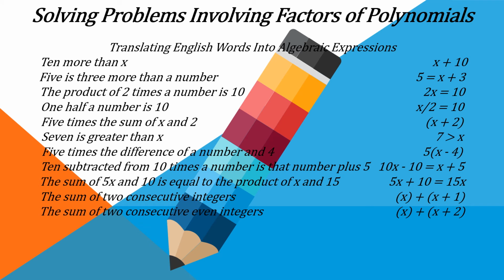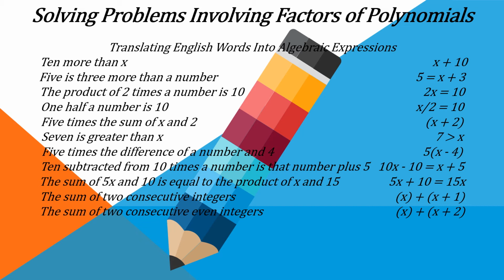The sum of two consecutive even integers. When we say even integers, we have to add 2 to a number so that the next number is also an even integer. Let's say, for example, the first number is x, the second integer is x plus 2.